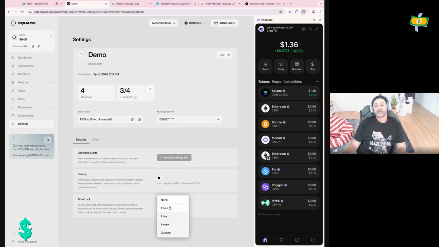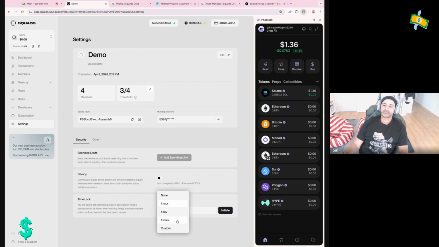This is another thing that could have saved Drift, but the hackers, I think, disabled it. Time locking on their multisig, which means that you can say, do not execute anything until this amount of time has passed. So if you are worried about something, instead of canceling your credit card, you can freeze your credit card over a certain period after a transaction has been executed.